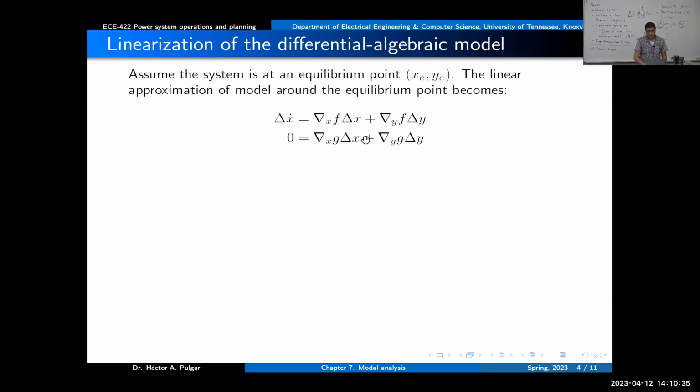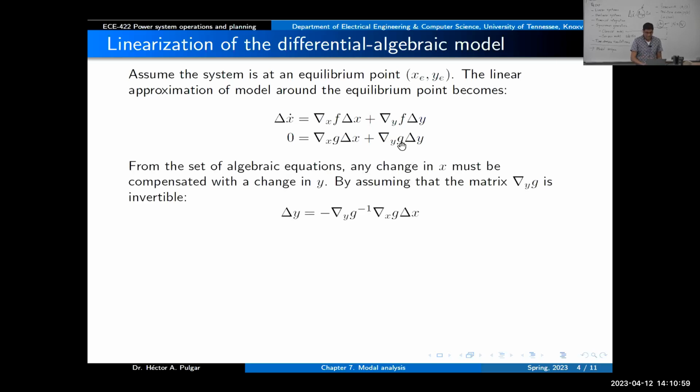But what we're going to do from this equation, what do we have in this equation? A unique relationship between delta x and delta y. It's unique because if these matrices are determined, for any change in x, we will have a specific change in y. So we can use that equation and solve for delta y. How? By multiplying this equation by the inverse of this matrix.